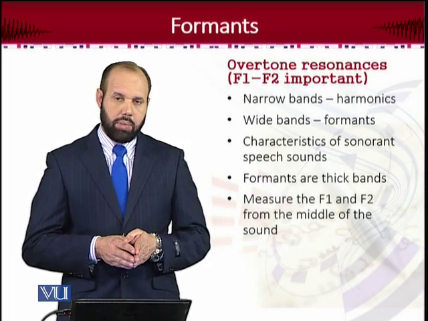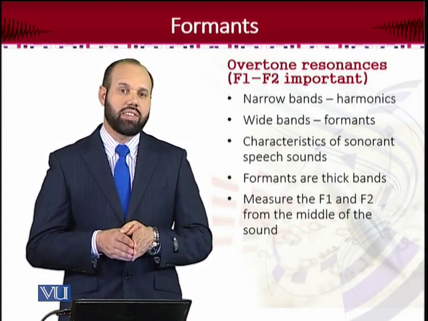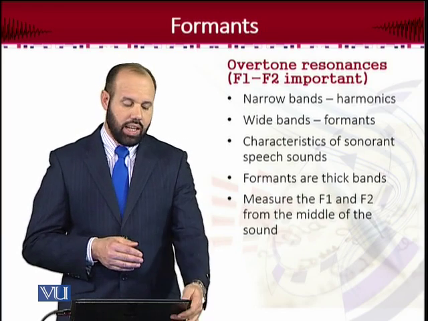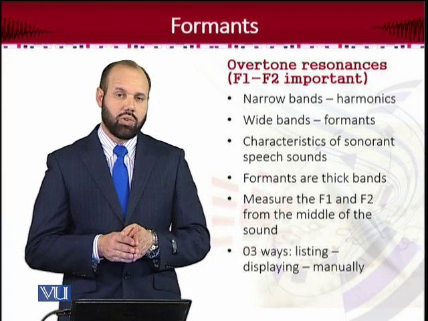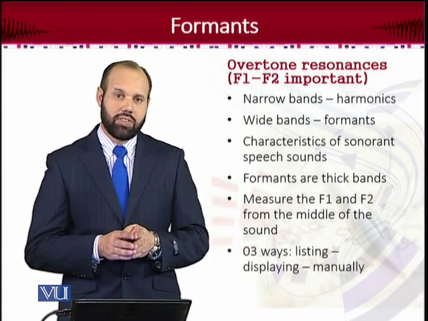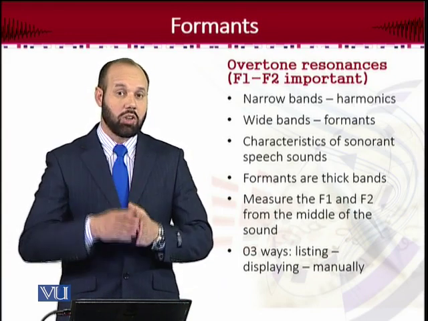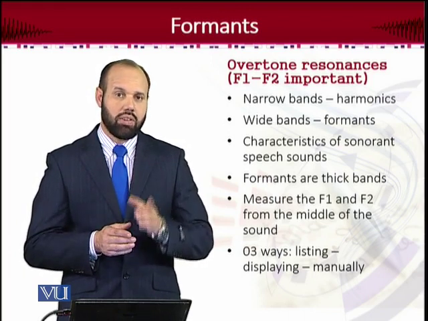And measuring F1 and F2 should be done from the middle of the vowel by using Praat. Okay, that's an important technique. And I would let you know that there are 3 ways to calculate formants, right? One is taking them automatically through the feature of Praat. So that's the first method.